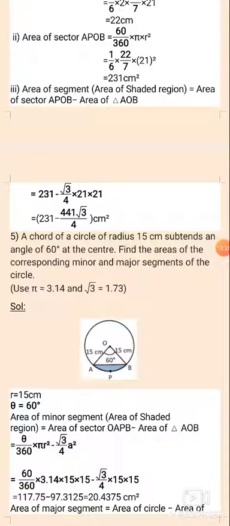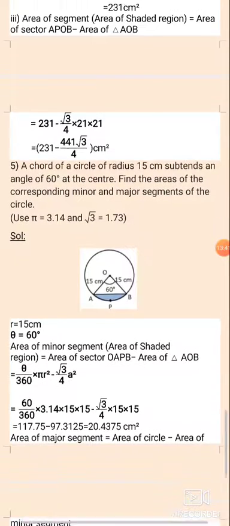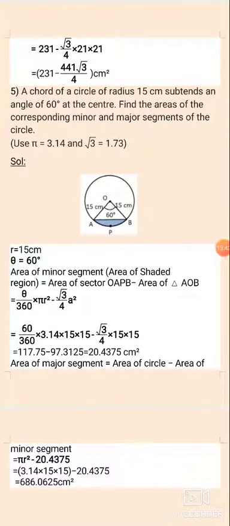So at last, the area of the minor segment is equal to 20.4375 centimeter square. Okay. Now the last one, area of the major segment. So area of the circle minus area of the minor segment. Area of the circle is pi r square, minus the area of the minor segment, 20.4375.